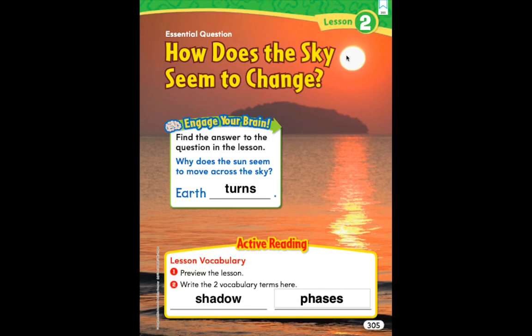In the morning, it rises from the east, and in the evening it goes to the west. So is the sun moving or is the moon moving? No. It's the Earth that is taking turns, that is rotating. So Earth turns. We are going to write turns over here.